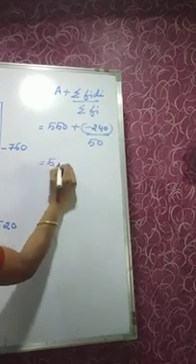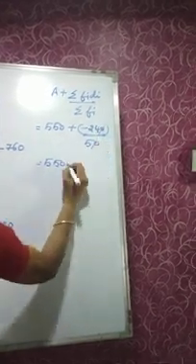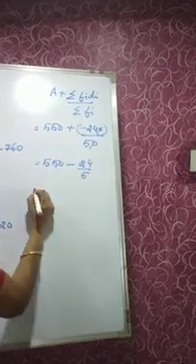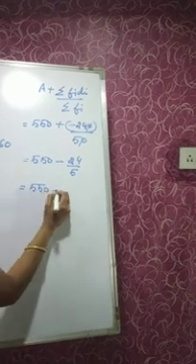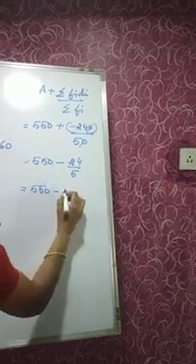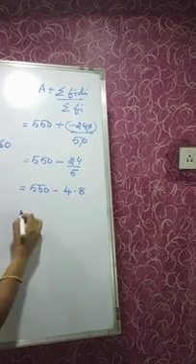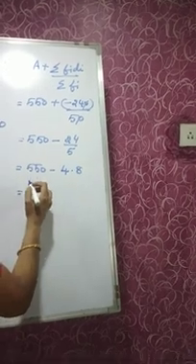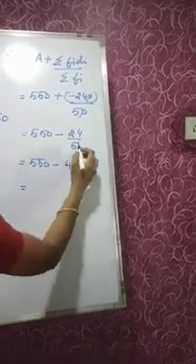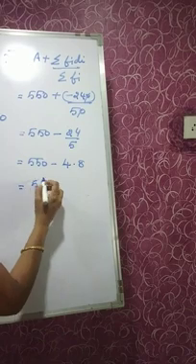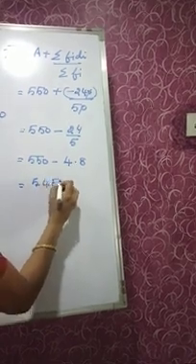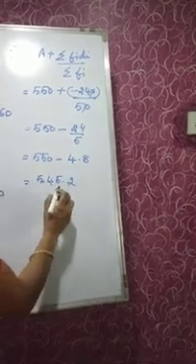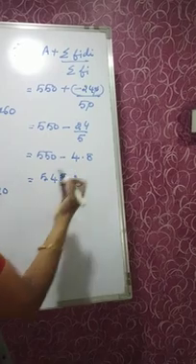So simplifying, we get 550 minus, plus of minus is minus, 24 upon 5. The decimal part of 24 upon 5 is 4.8. Again a plus number and a minus number. Subtracting, we get 545.2. It's the required answer.